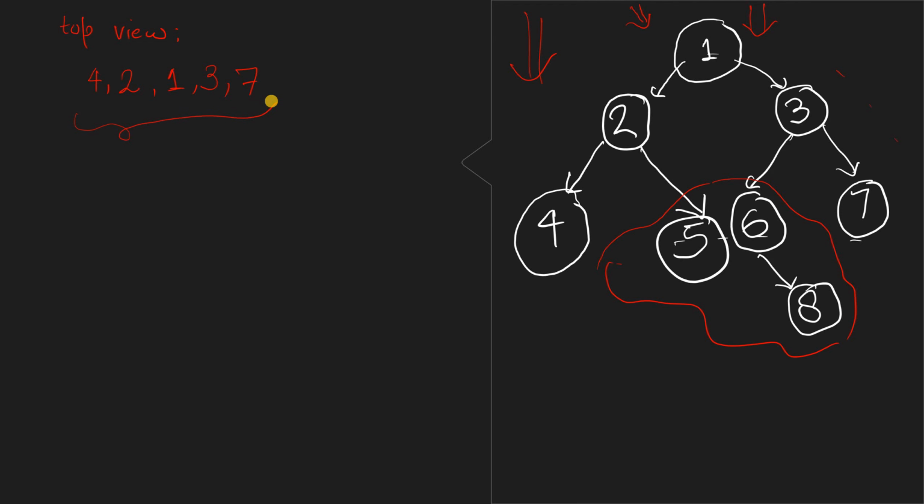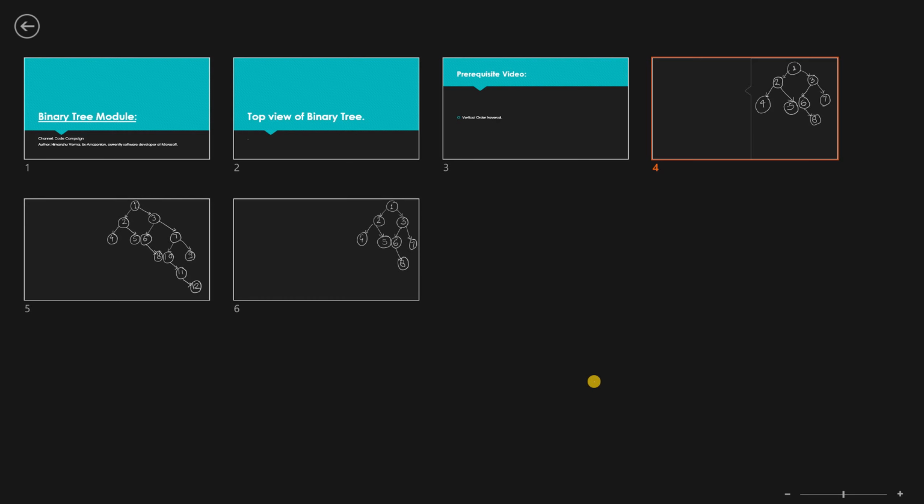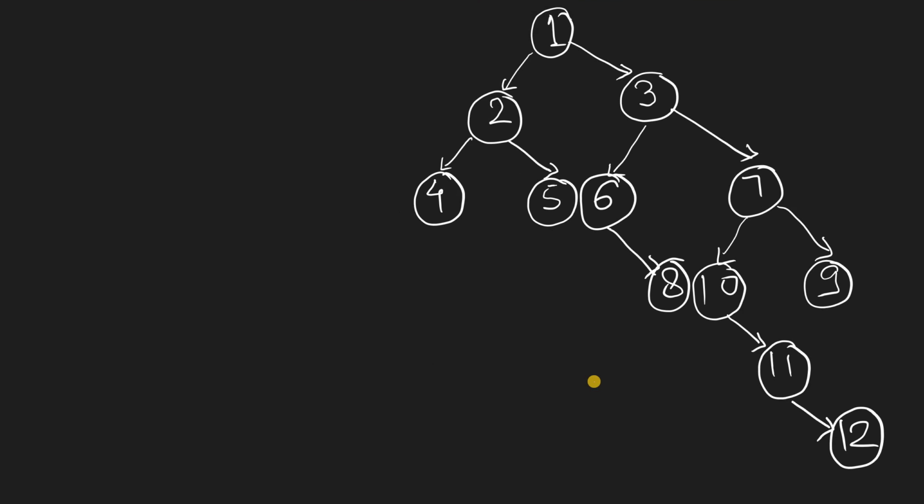Okay, so let's take some other example to understand it better. Let's take this example. What will be the top view here? We are watching from the top. So let's see.